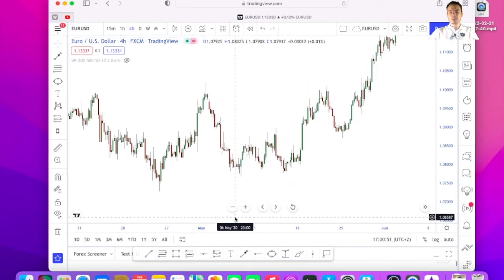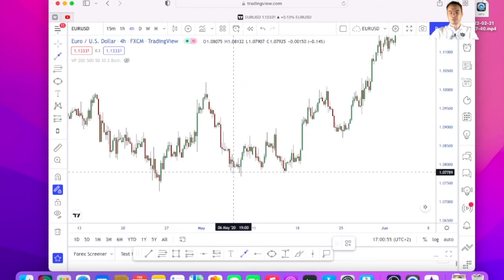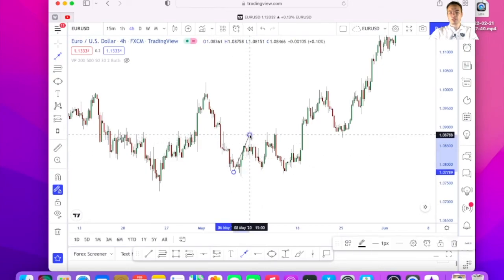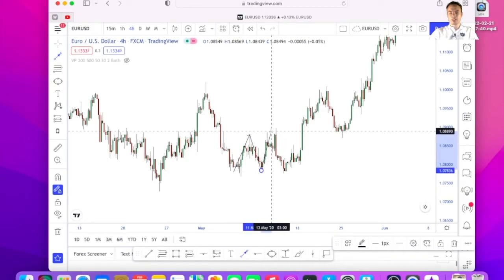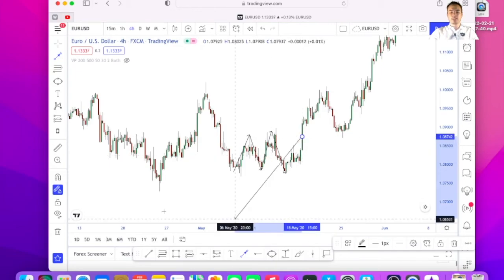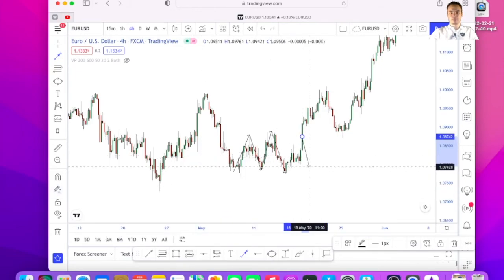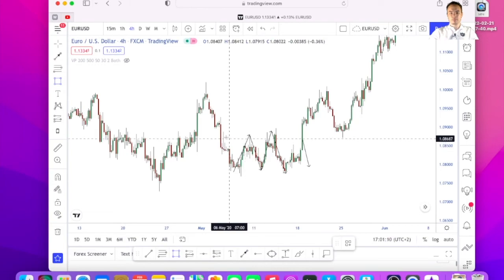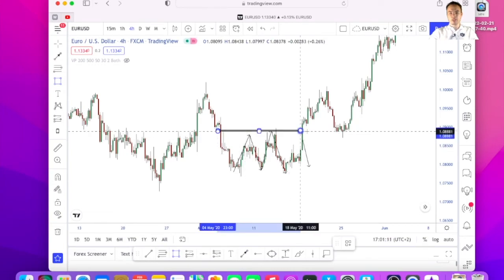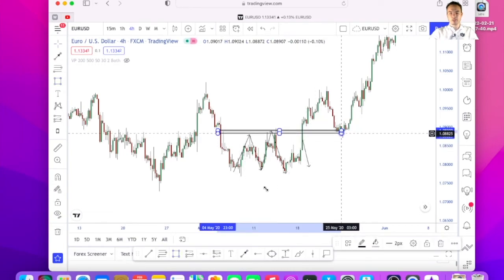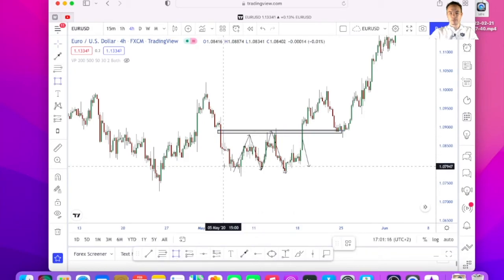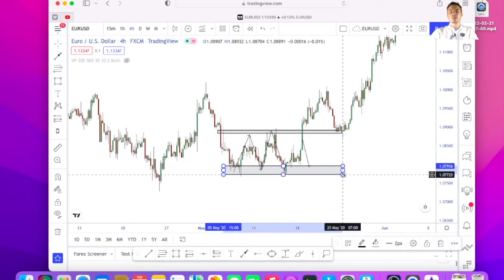So if you see something similar, as you can see here, price made a low, made a high, made a low, made a high, made a low. So basically, this over here is consolidation.